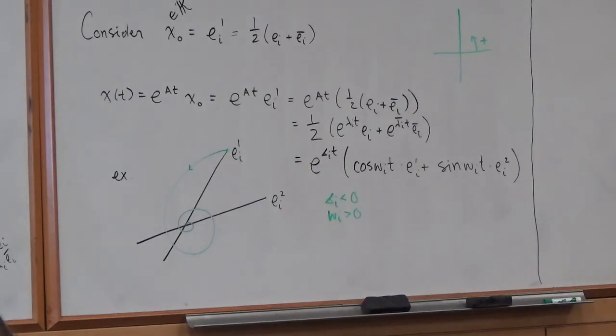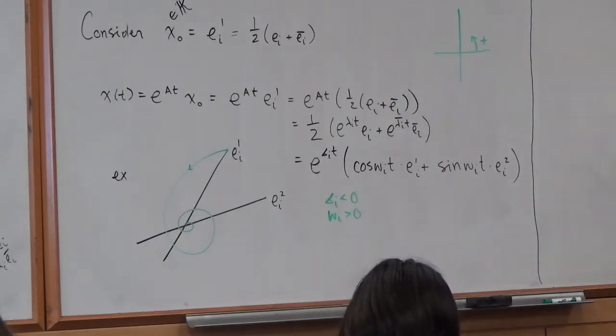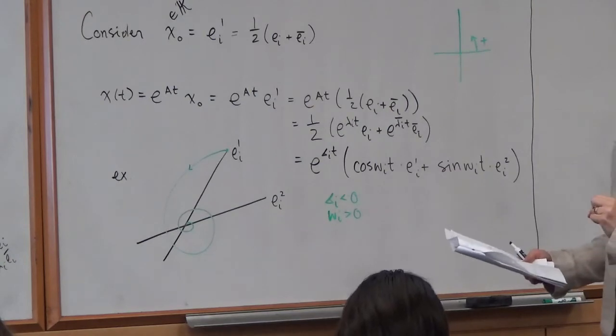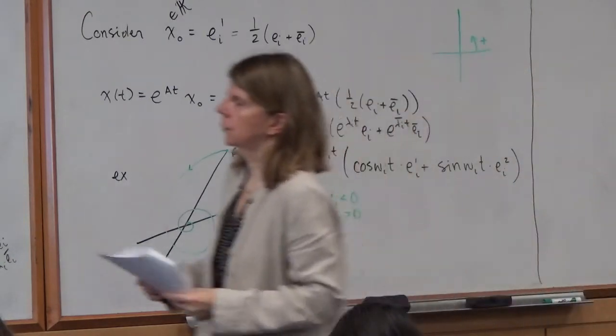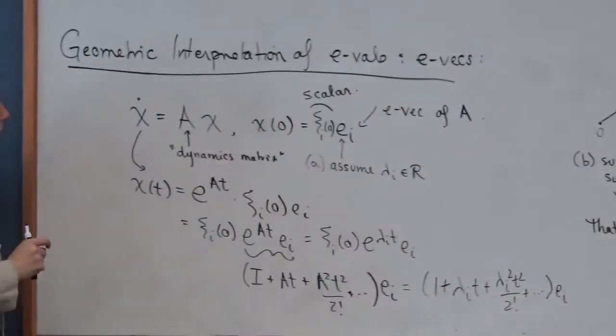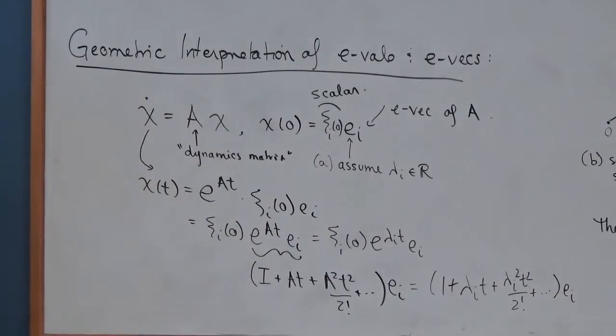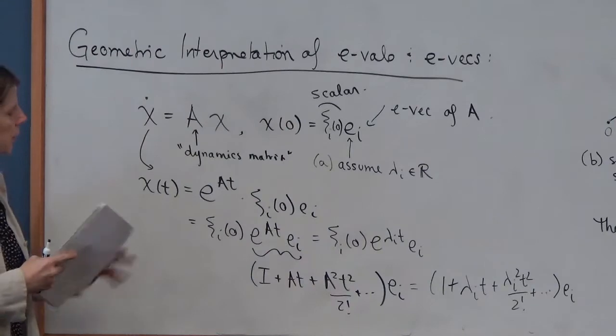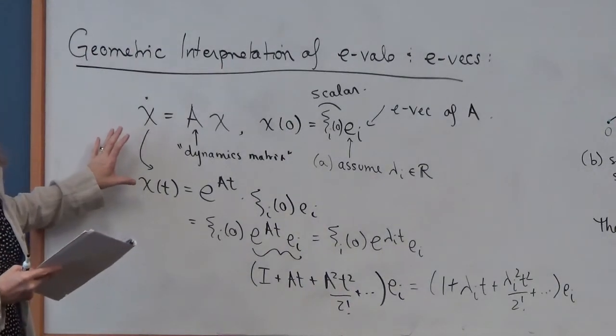Okay, so that gives you a geometric interpretation of the eigenvalues and the eigenvectors in terms of this very simple time invariant dynamic system, x dot equals Ax. So what have we learned here? We've reviewed eigenvalues and eigenvectors.